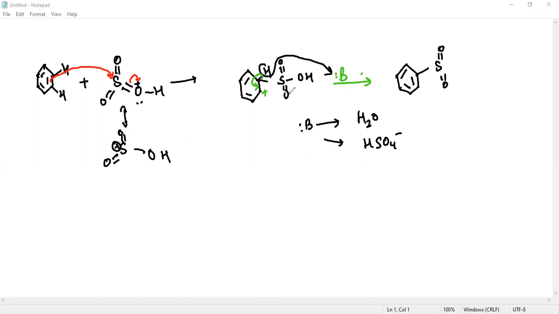Now what about this one? You have S double bond O double bond O, and then you have this OH here. So you have successfully substituted the hydrogen over here with this group, which is SO3H. So I'm gonna write this is benzene sulfonic acid. We have done the sulfonation of benzene ring.